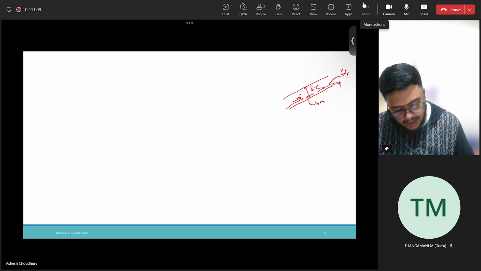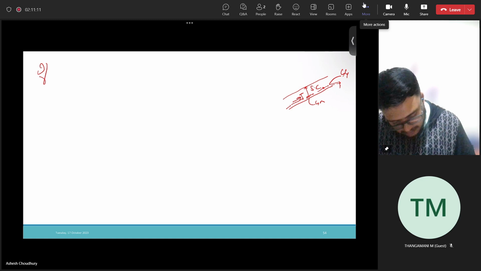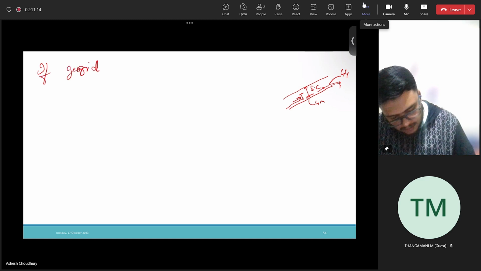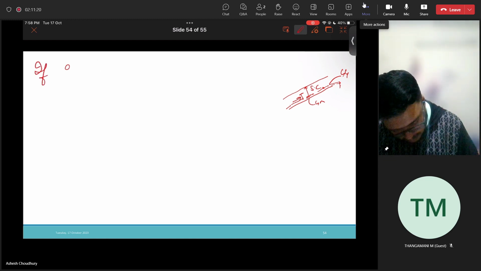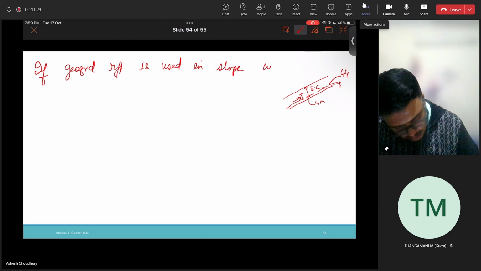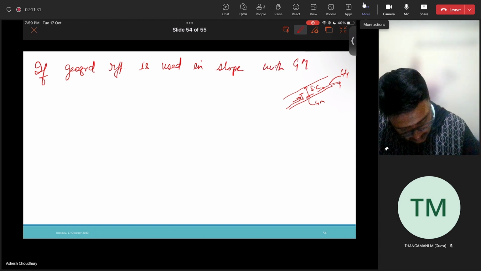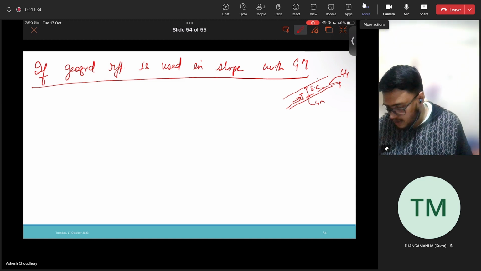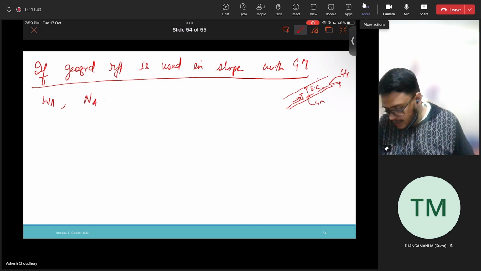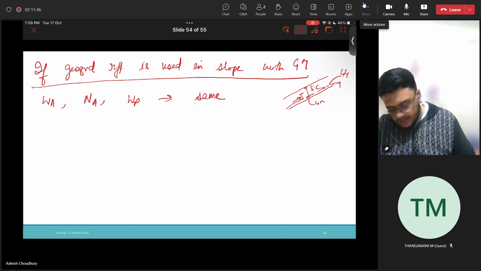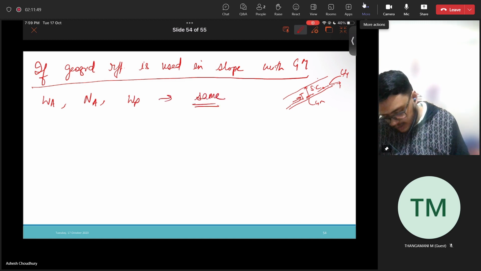So if geogrid reinforcement is used in the slope with geomembrane, in that case, WA and WB remain the same as previous; this won't get affected.